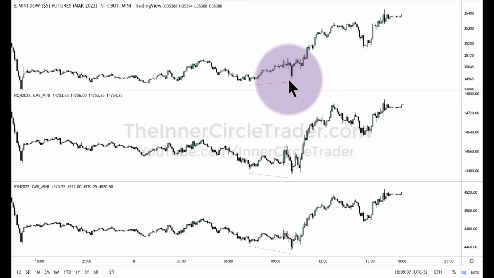Okay, correlation would be they are moving lower here, here, and here. But that correlation where they move in tandem together cracks here at a very important time, right when the NASDAQ and the S&P are trading below its old low.